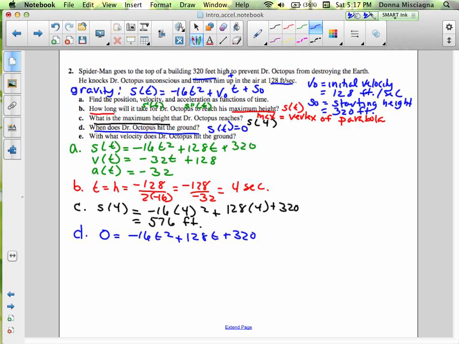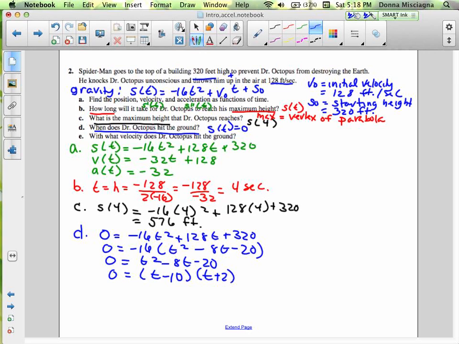Let's factor out the greatest common factor. So if we divide both sides by negative 16, 0 equals t squared minus 8t minus 20. Multiplies to give us negative 20, adds to give us negative 8. It's going to be negative 10 and positive 2. That factors very nicely into t minus 10 times t plus 2.